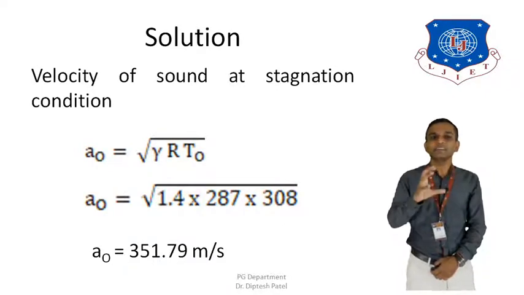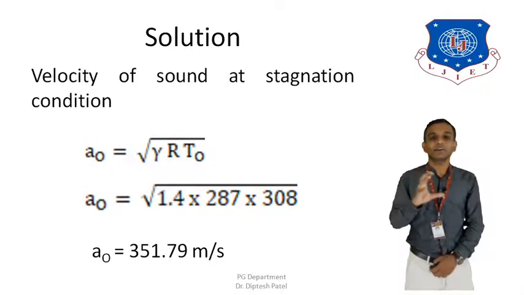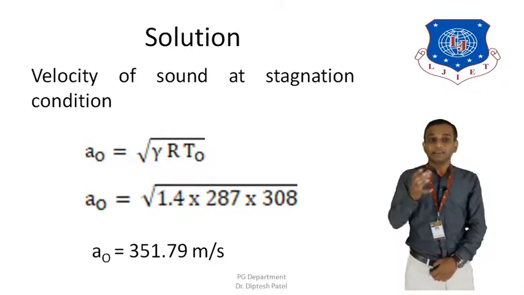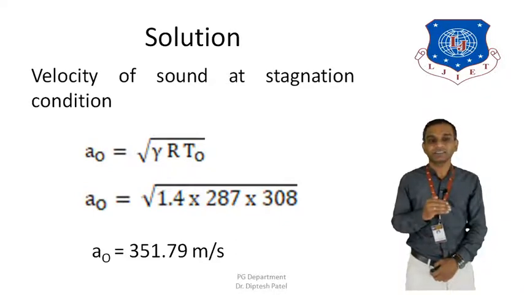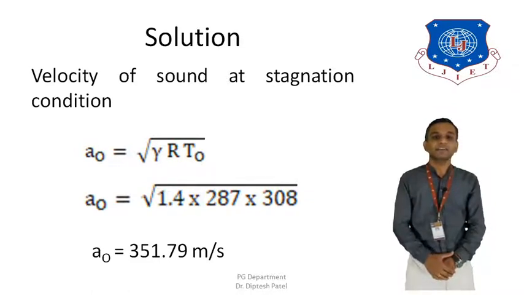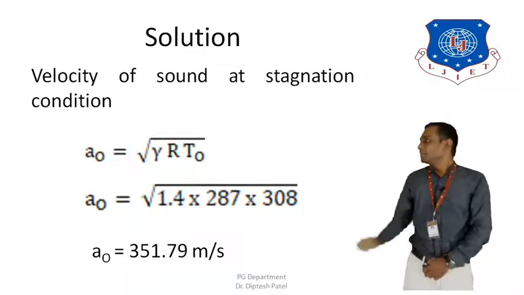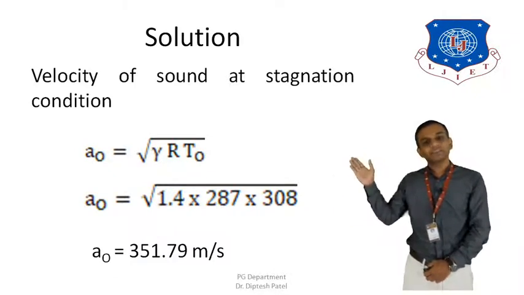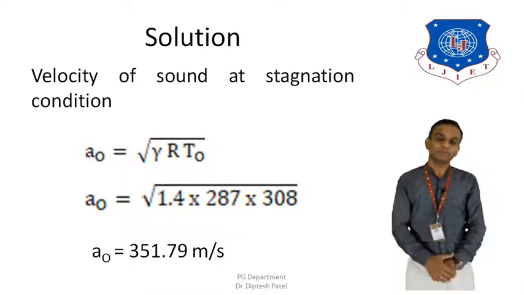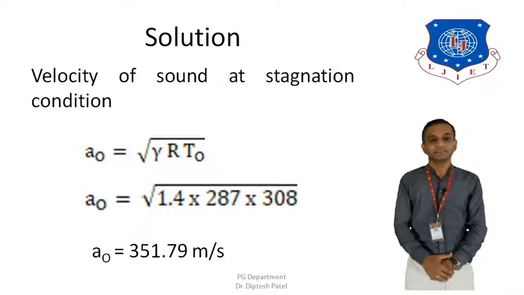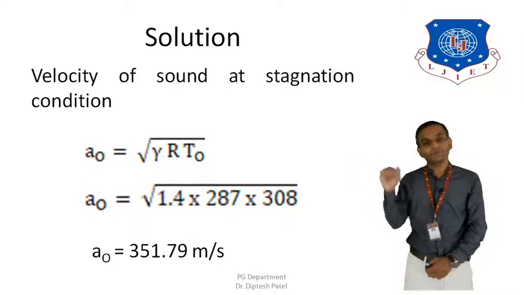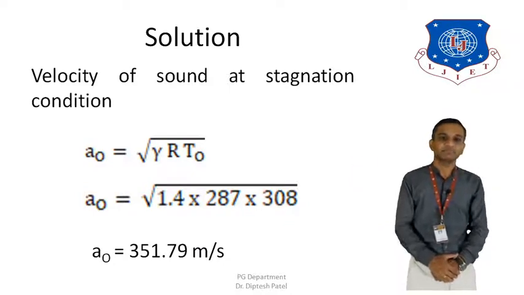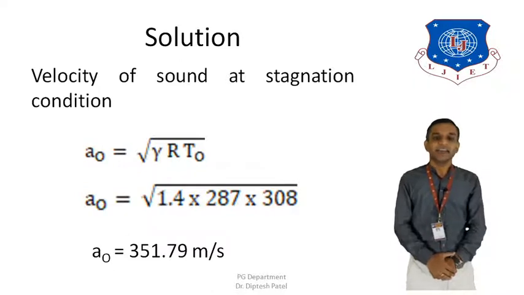Since we know that the velocity of sound a is equal to under root of gamma R T, if I need to find out the velocity of sound at stagnation condition, which would be a0, that would be under root of gamma R T0. So let's put the values: a0 is equal to under root of 1.4, which is gamma, 287, which is R, and 308, which is the stagnation temperature.